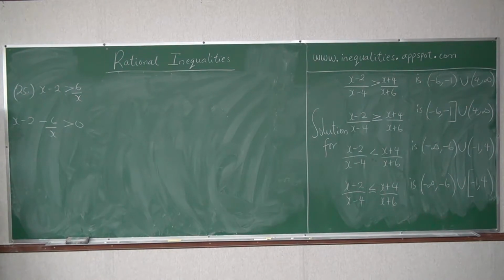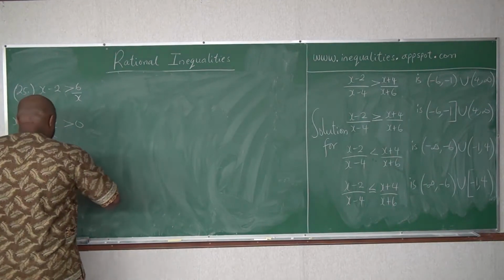This means x minus 2 over 1 minus 6 over x greater than 0. LCD is x. 1 into x is x, so this is x times x minus 2 minus x into x is 1, 6 times 1, greater than 0.